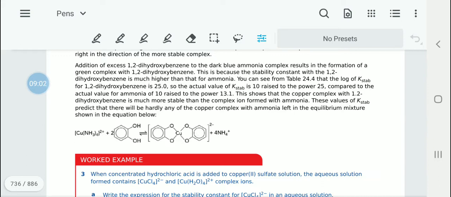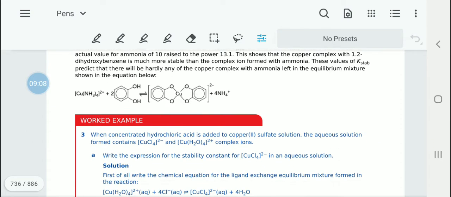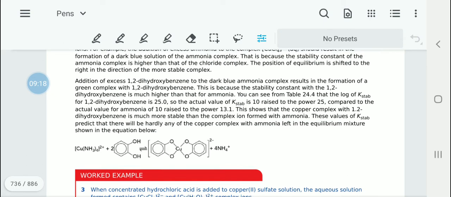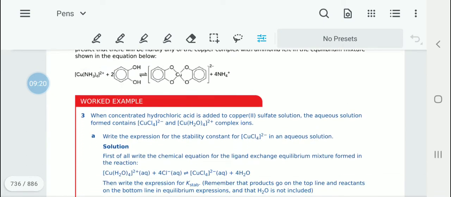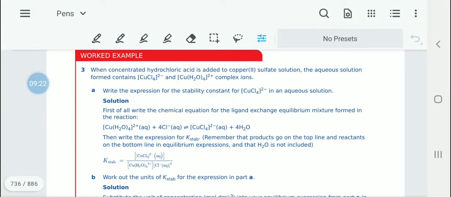So that means it is very much more stable than the others. So you would understand that the ammonia complex will break down to produce the 1,2-dihydroxybenzene bidentate complex.